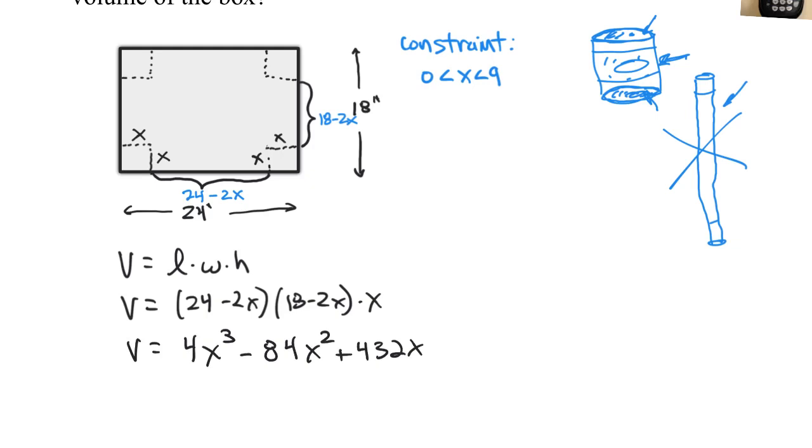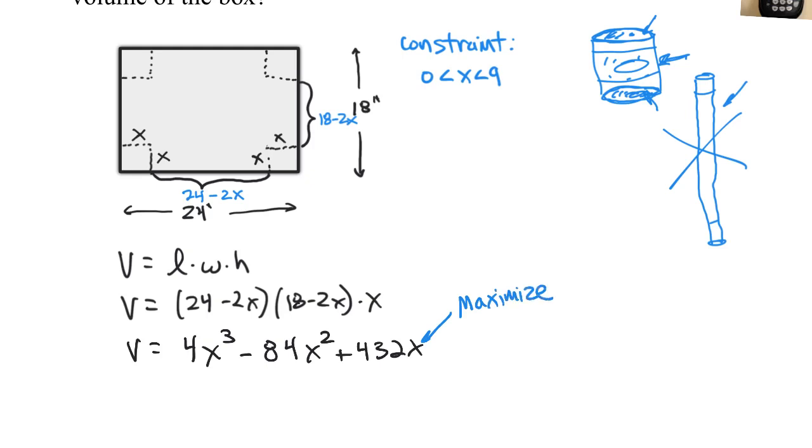So remember, when you're watching these videos, pause occasionally to verify that these things are true, and then just press play to continue. So this is the volume, and what we want to do, we want to maximize the volume.